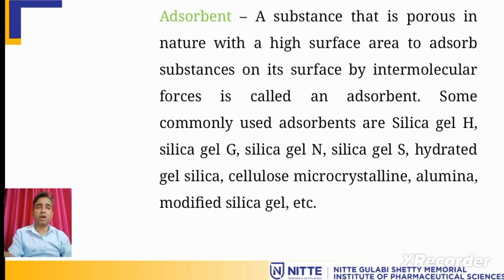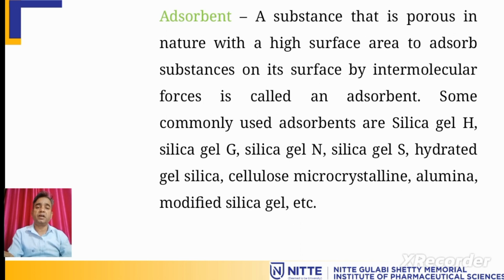So basically, what is an adsorbent? An adsorbent is a substance that is porous in nature with a high surface area to absorb a substance on its surface by intermolecular forces. Some very commonly known adsorbents are silica gel G, silica gel N, silica gel S, hydrated silica gel, cellulose microcrystalline, and alumina modified silica gel. Why do we have so many stationary phases? The reason is that each of these stationary phases has a different nature.